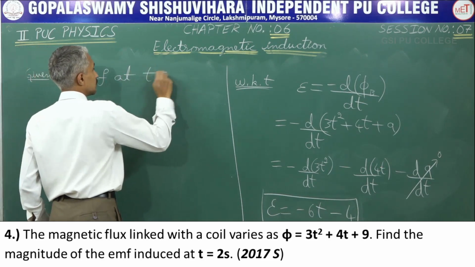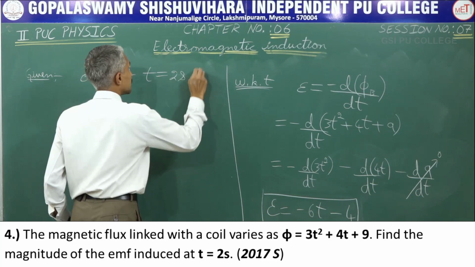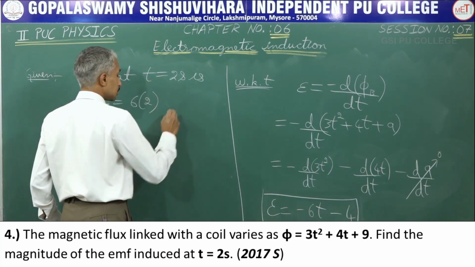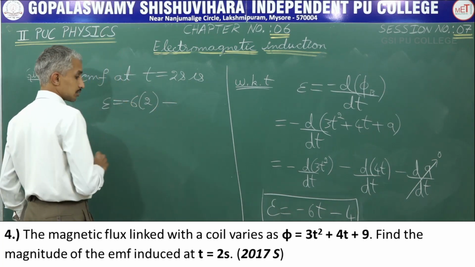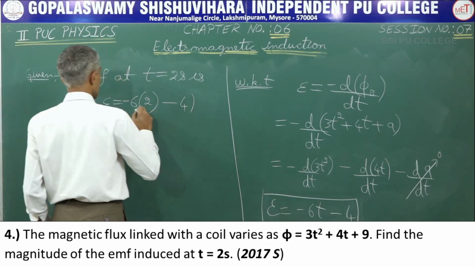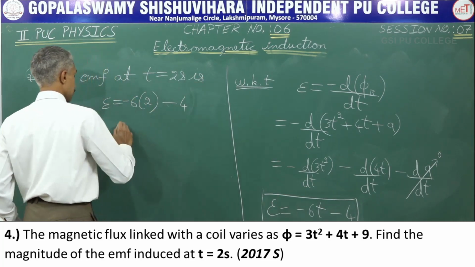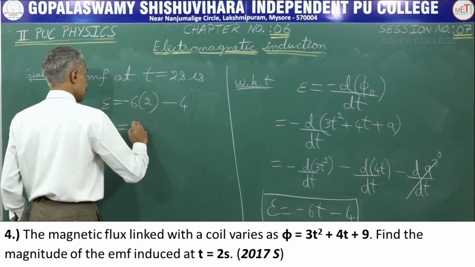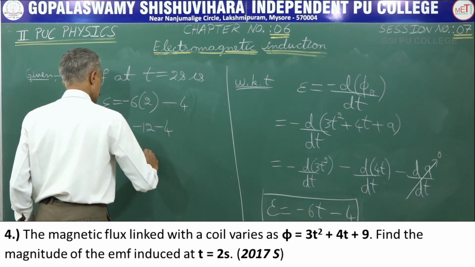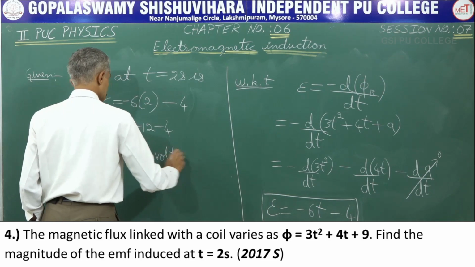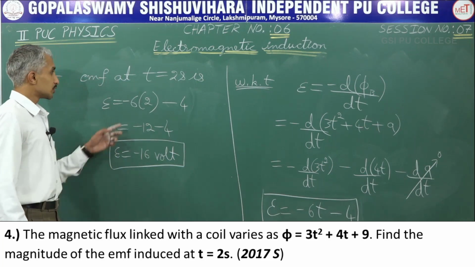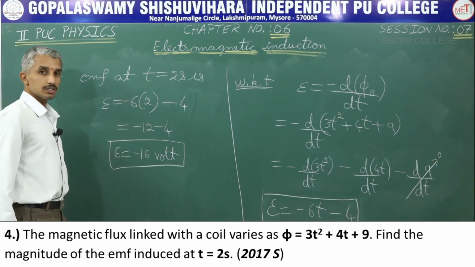EMF at t is equal to 2 second is equal to minus 6 into 2 minus 4, so this is minus 12 minus 4, I will get it as minus 16 volt. So the EMF induced at 2 seconds is minus 16 volt.